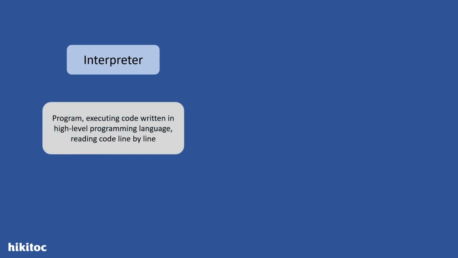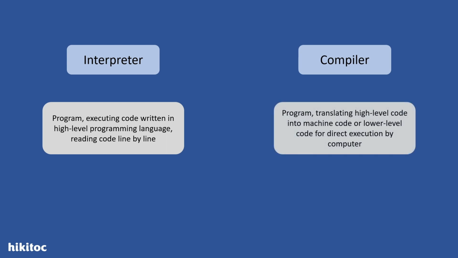It reads your Python code line by line, interprets, and executes it immediately. The interpreter allows you to run Python code interactively in a command line environment or execute Python scripts from files. The compiler, on the other hand, converts your Python source code into bytecode files. Bytecode is a lower level representation of your Python code that can be executed by the Python interpreter.